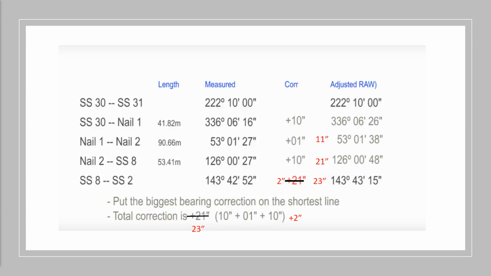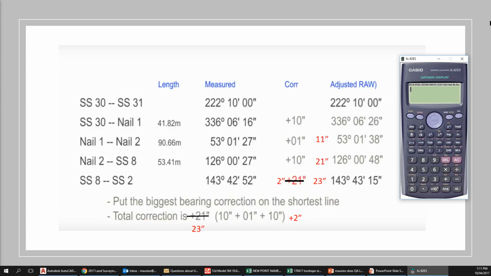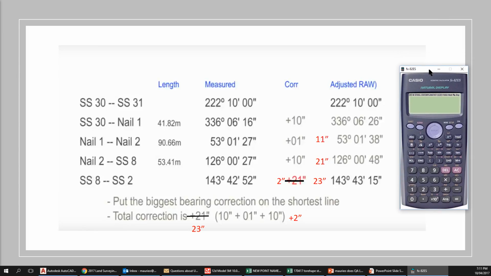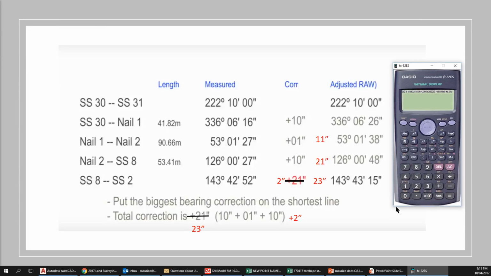However, what we find is that on shorter lines, a minute of correction can be the same as a second of correction on a longer line.